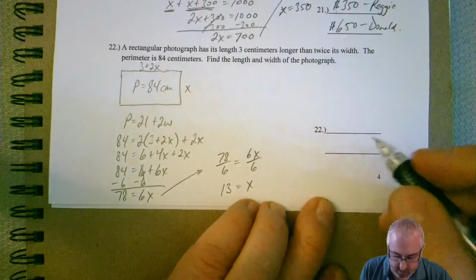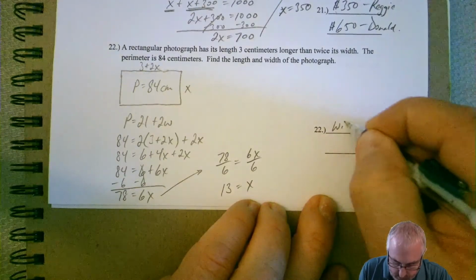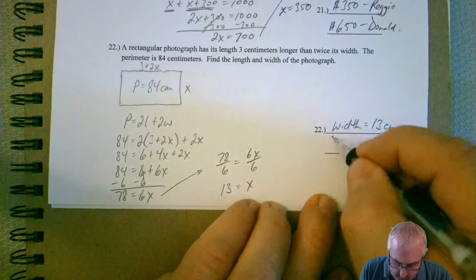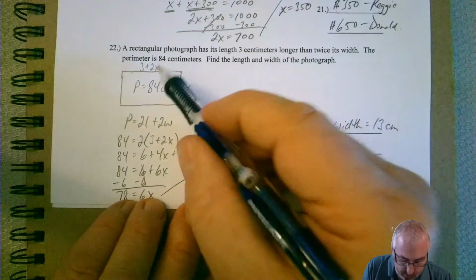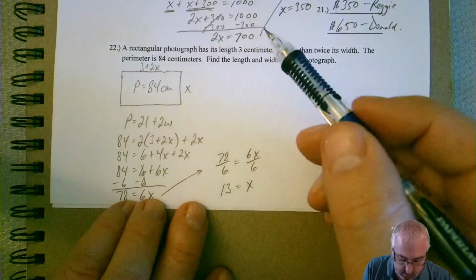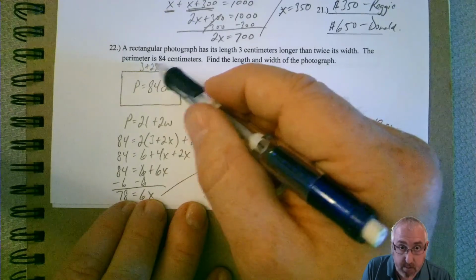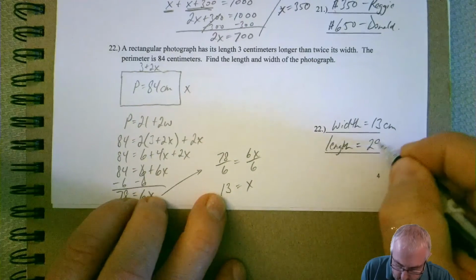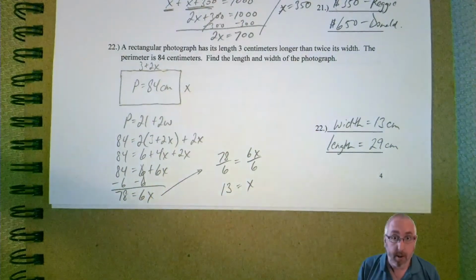So if x is 13, that's our width. So our length, now we just got to plug it in. 2 times 13 is 26, plus the 3, so that's 29. And so that should do it.